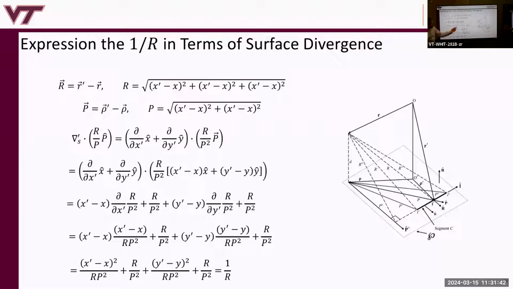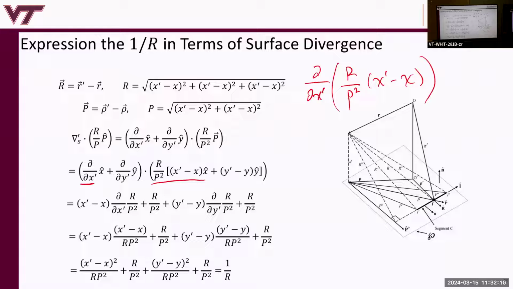So here we have the derivative with respect to x prime of R over P squared times x prime minus x. The dot product of this x hat and this x hat will be the only thing remaining.